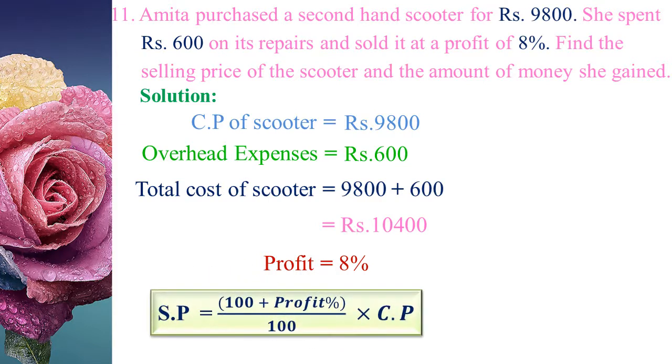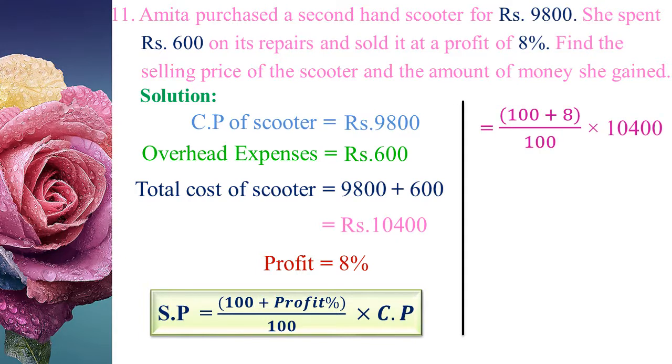The formula is selling price equals 100 plus profit percentage by 100 into cost price. Selling price equals 100 plus profit percentage, which is 8, by 100 into cost price, which is 10,400. So 100 plus 8 by 100 into 10,400. 100 plus 8 we get 108 by 100 into 10,400.